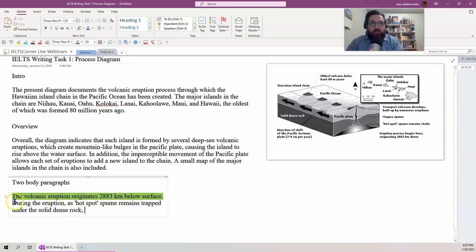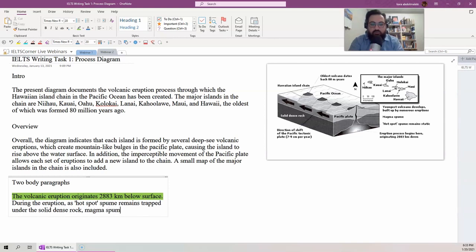So now I have during the eruption, that's an introductory element. It needs a comma, as I always mention in my grammar classes. And then another introductory element, which is a subordinate clause, that's in another comma. Okay, and now the main clause.